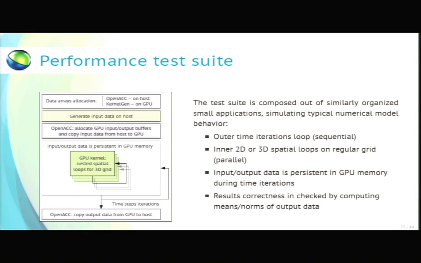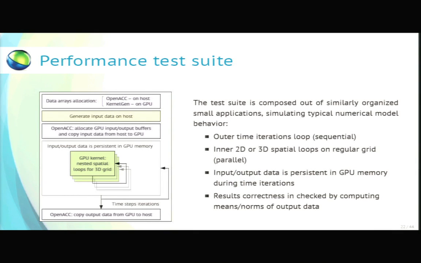Now, what about performance? So for performance testing, we have an internal test suite of 14 different test cases. Test cases are computationally different, but they all follow the same general algorithm, which we currently consider the main goal for our project.